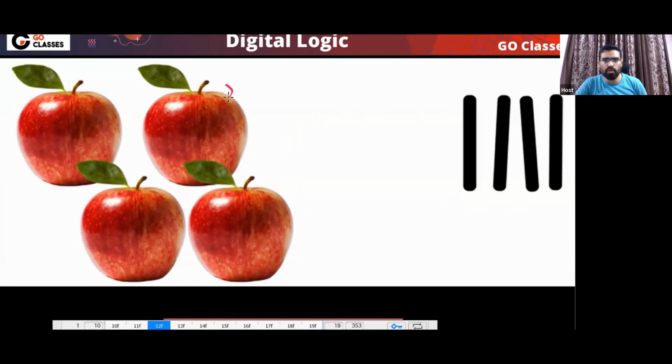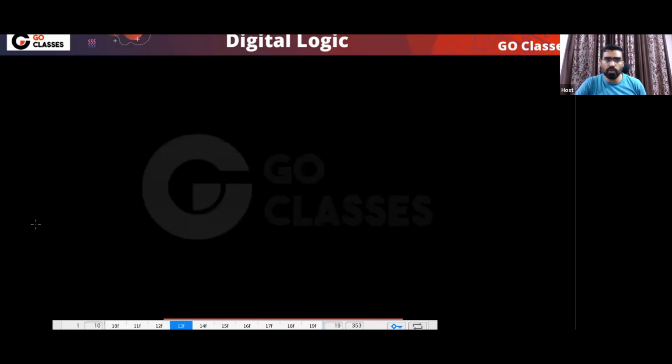In the unary system, we only have one symbol. This is your symbol in the unary system. Only one symbol we have. So number system is a system of counting, how to count things, how to represent numbers. Very simple.